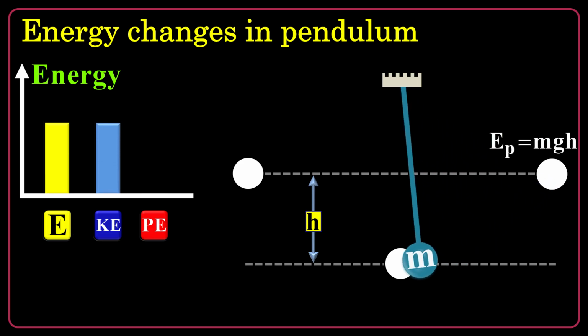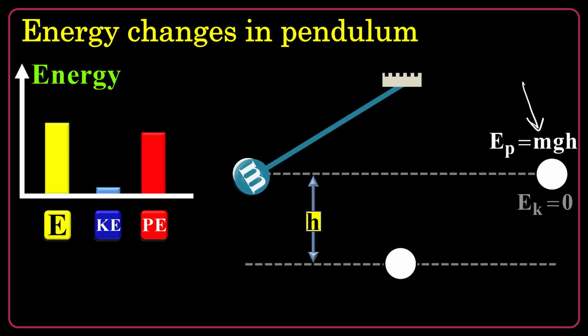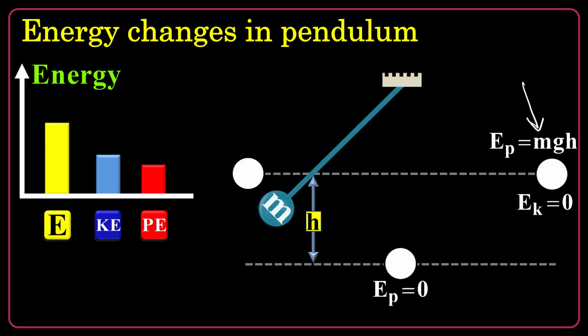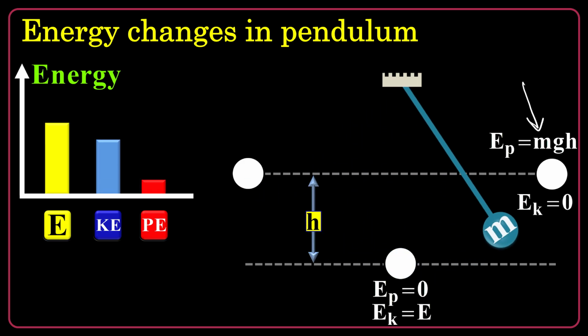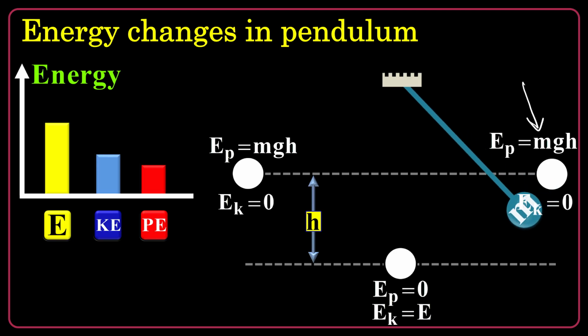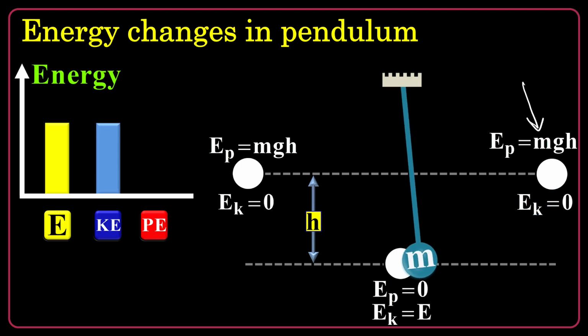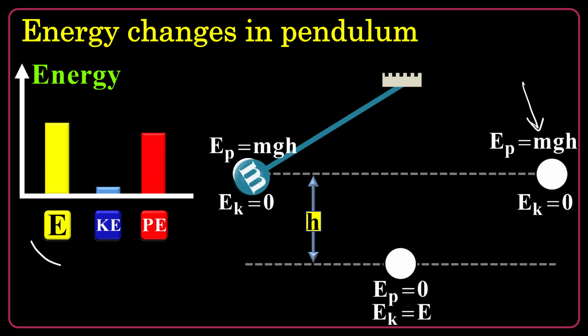In the first right dead point, the potential energy is mgh, and there is no kinetic energy. At the bottom point, the rest point, potential energy is 0, and it's in maximum speed, so kinetic energy is E. And here, potential energy is mgh again, and no kinetic energy. If we ignore frictional forces, it's always valid.